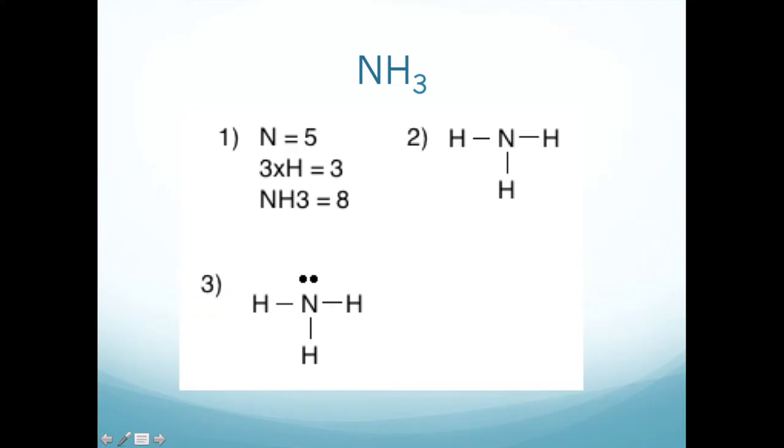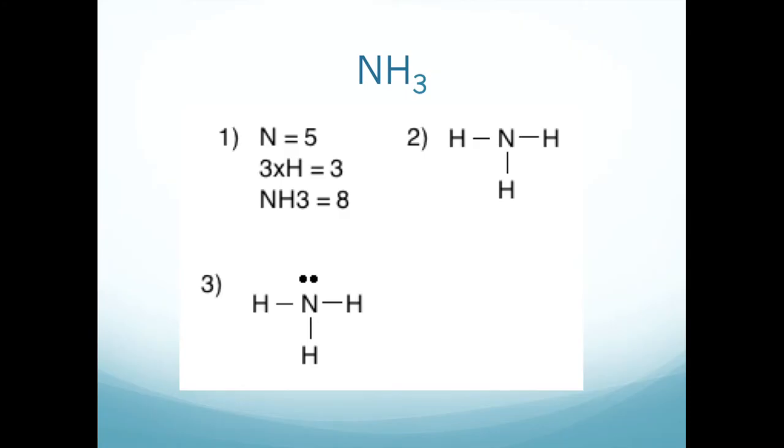Now, does this Lewis structure need any double bonds? The short answer, of course, is no, you can't form double bonds with hydrogen. But let's go back to the formula and see why not. Nitrogen is in group 15, which means a nitrogen atom by itself would have 5 valence electrons.